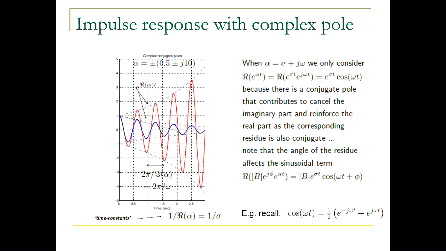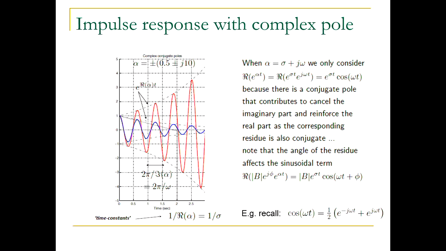Interestingly, if you plot the envelope, this dashed line, it just touches the peaks of the red function. That envelope changes exponentially, exactly at the rate of sigma, so it has the form exponential of sigma t.